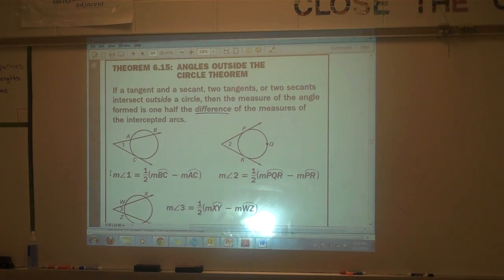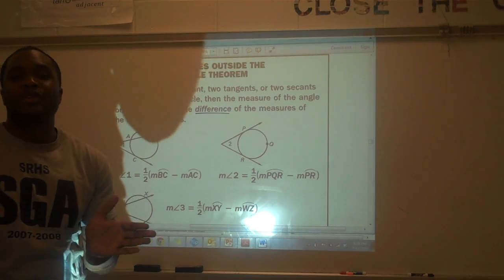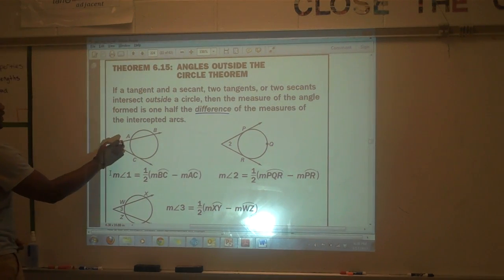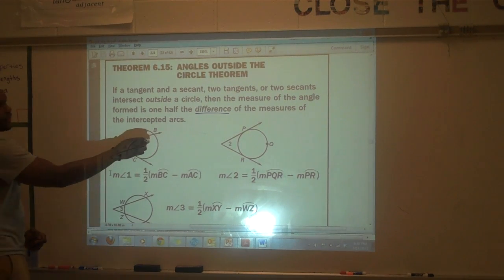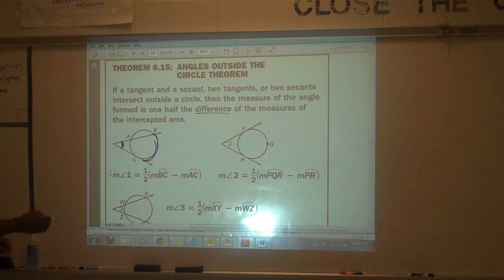Anytime you have two lines that intersect outside the circle, two lines that touch the circle but they intersect outside of the circle, if I want to find out the measure of the angle that's formed by this intersection, what I'm going to do is take the difference between the bigger arc and the smaller arc.